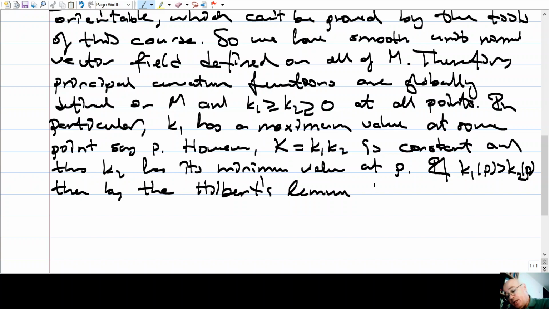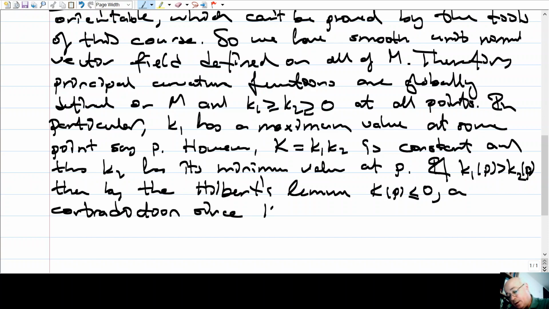Then by Hilbert's lemma, K should be non-positive, which is a contradiction, since K is positive, and Gaussian curvature is a constant function.